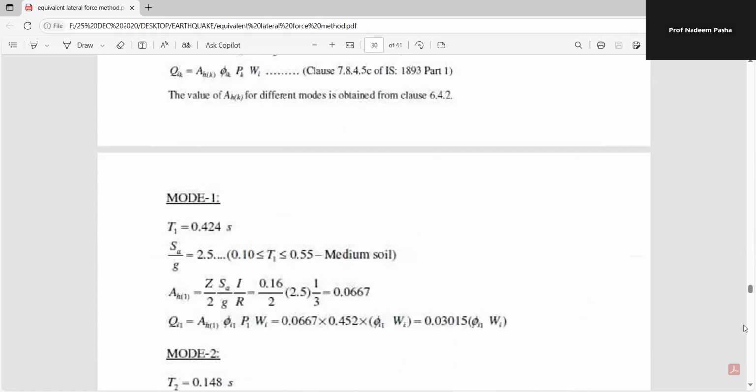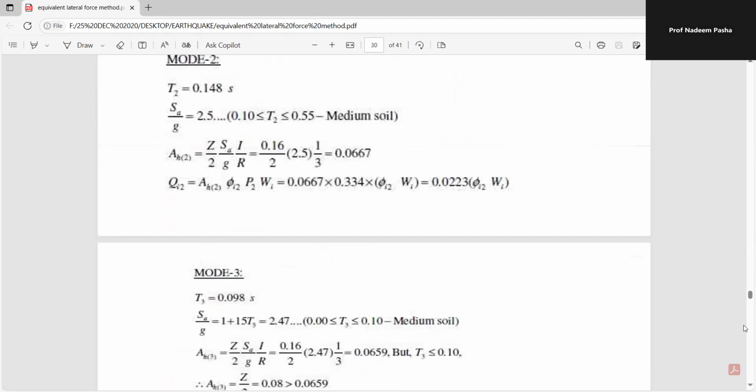Mode 1 now. T1 is equal to 0.424 s, and Sa/g equal to 2.5. So this comes out to be this much. Ah1 is equal to Z/2 × Sa/g × I/R, where Z is 0.16, so 0.16/2 × 2.5 × I/R. So it comes out to be this much.